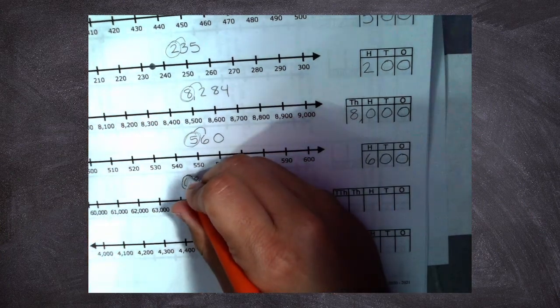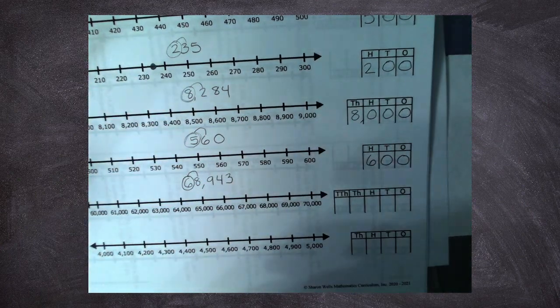So I need to check the neighbor. The neighbor is an 8. What do I need to do if the neighbor is an 8? Am I going to go up or am I going to stay the same? Alexa, what's going to happen? It's going to go up because it's more than 5. More than 5. So the 6 is going to turn into what?